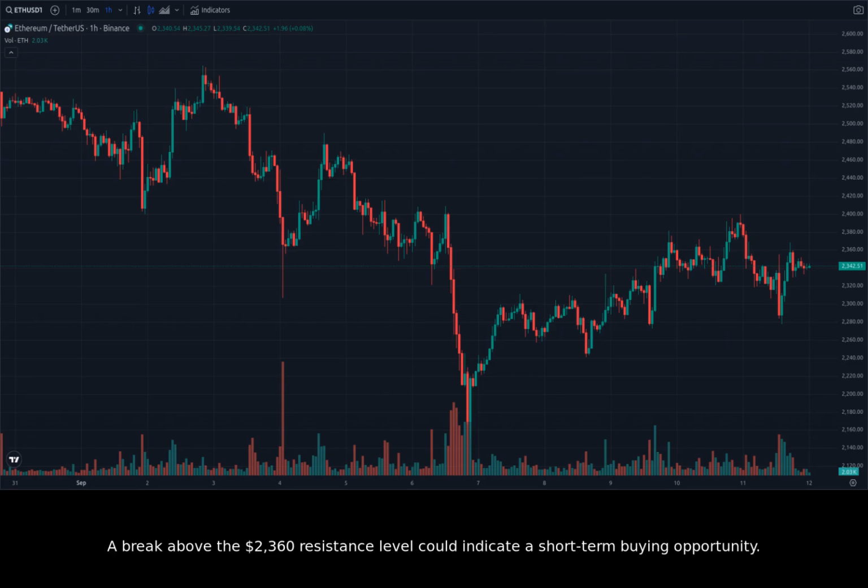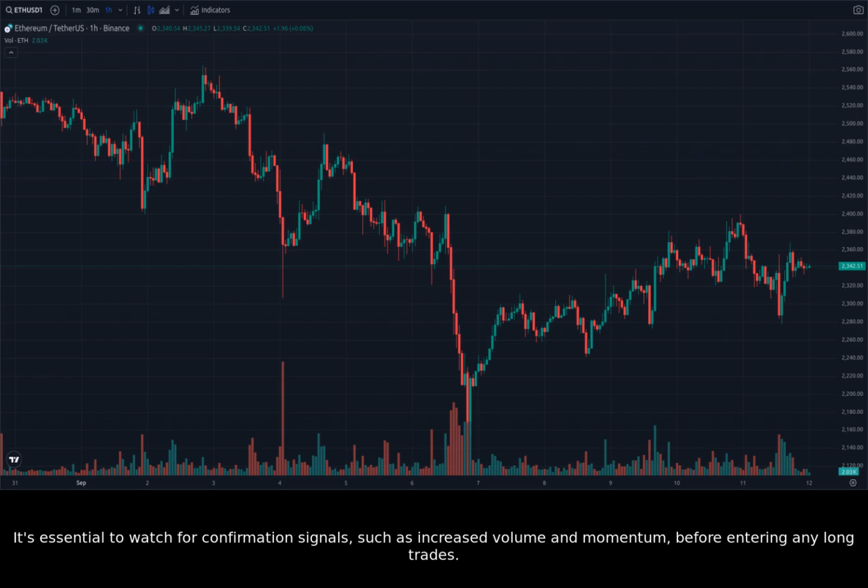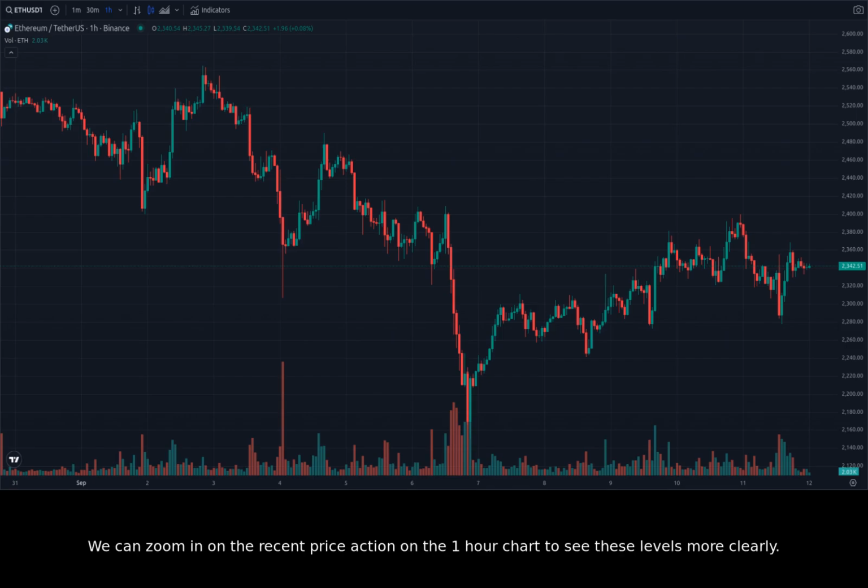A break above the $2,360 resistance level could indicate a short-term buying opportunity. It's essential to watch for confirmation signals, such as increased volume and momentum, before entering any long trades. We can zoom in on the recent price action on the 1-hour chart to see these levels more clearly.